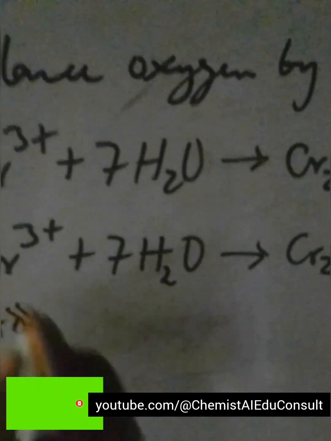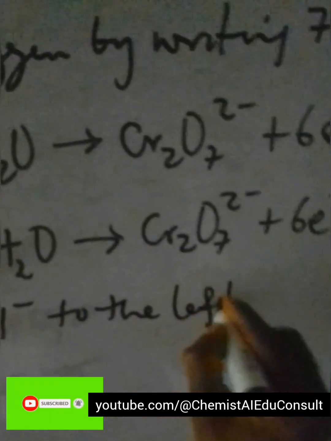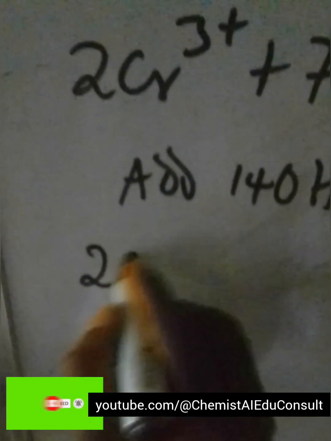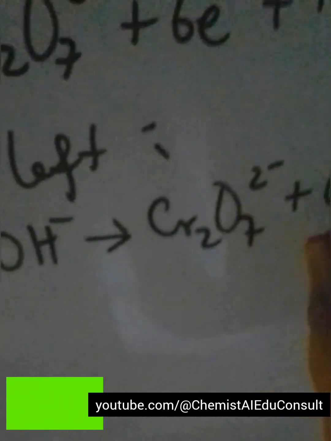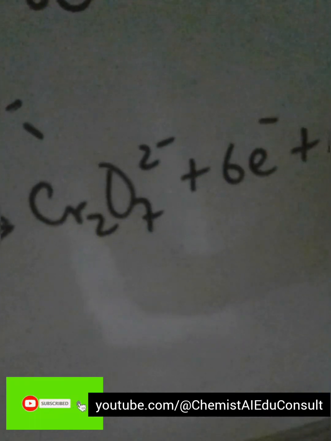Now after this, we also add 14 OH⁻ to the left. So: 2 Cr³⁺ plus 7H₂O plus 14 OH⁻ to afford Cr₂O₇²⁻ plus 6 electrons plus 14 H₂O.